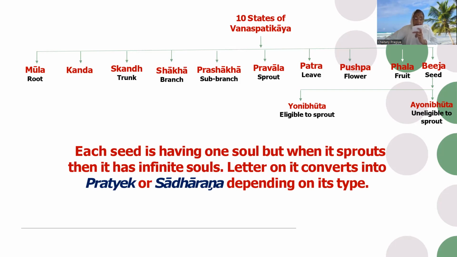And this tree itself comes out of one seed. But other living beings which grow on that particular plant or tree have separate lives. So whenever we cut any tree, we are not just killing the one life of the tree, but so many other lives which are dependent on that tree.